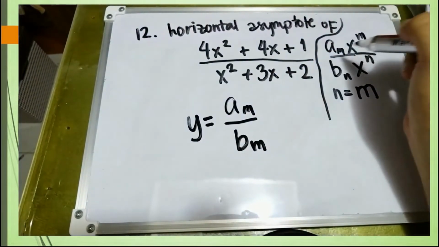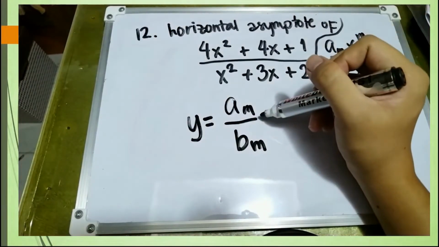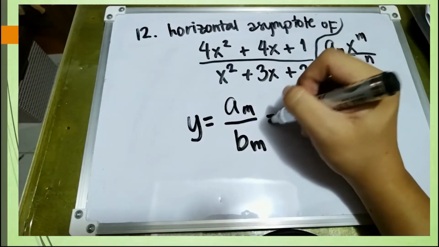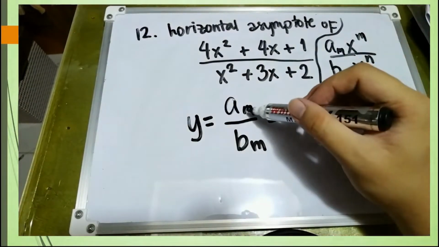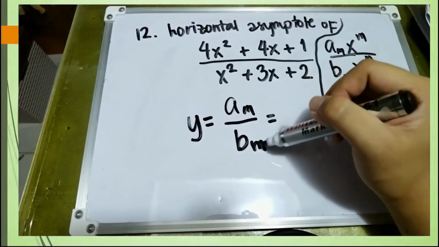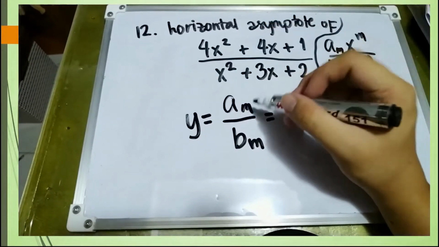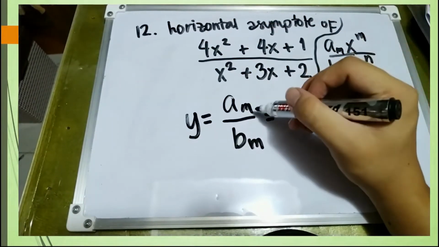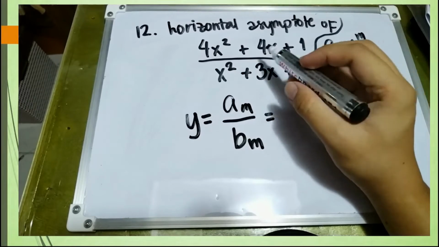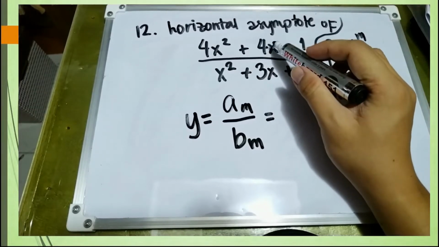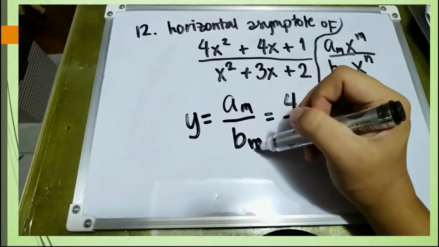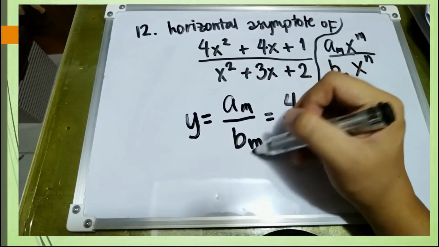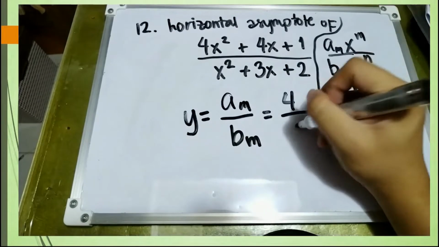So whatever the numerical coefficient here and here, the numerical coefficient in the numerator is 4, and the numerical coefficient in the denominator is 1.